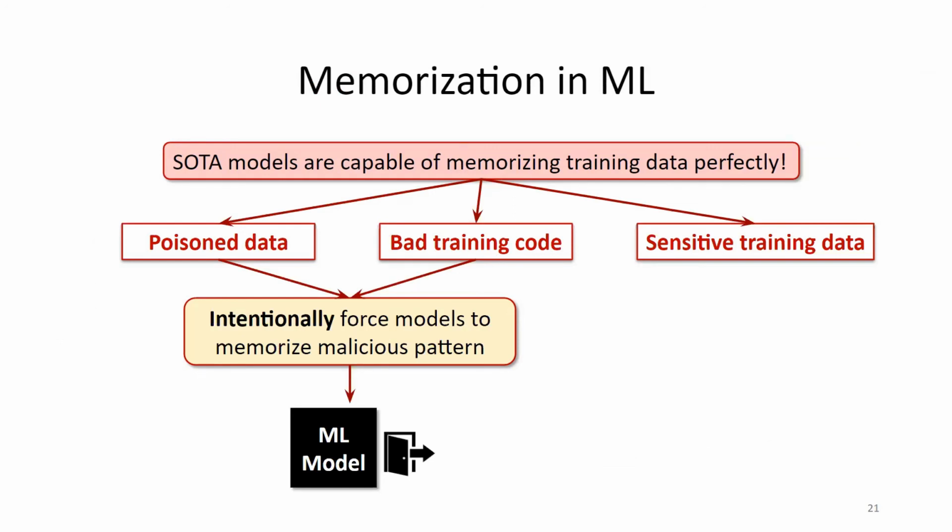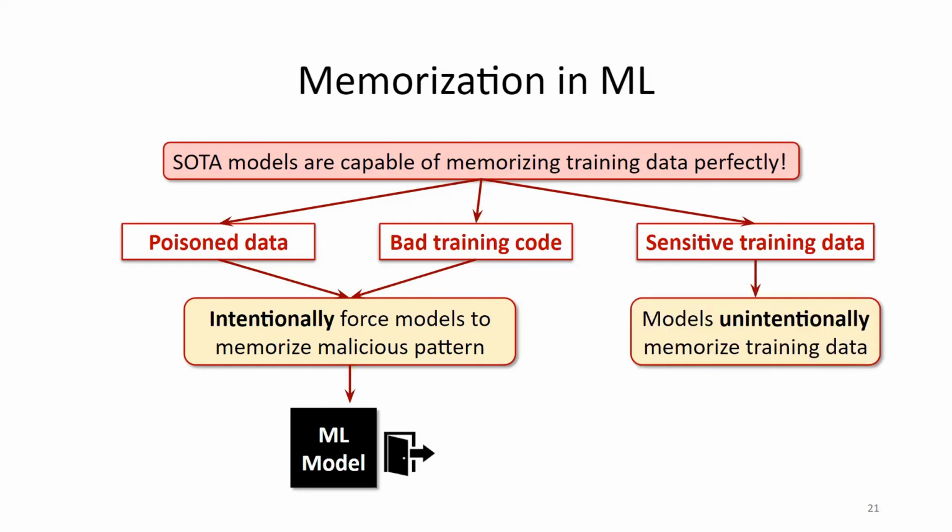On the other hand, we also know that models can unintentionally memorize their training data, and this enables an adversary to perform membership inference or even extract sensitive training data with access to the model's output.